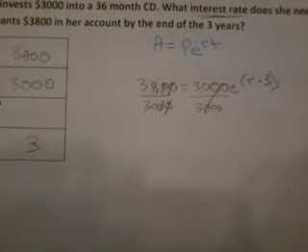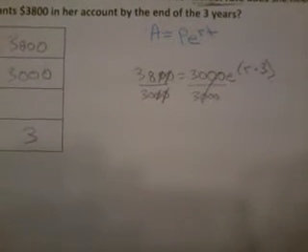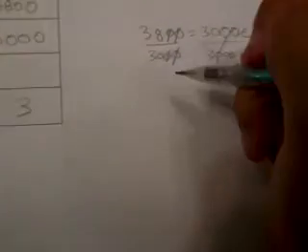And then when we do 38 divided by 30, we get a really long decimal, so we're just going to leave it as a fraction. However, we can reduce 38 over 30 into a smaller fraction, which will be 19 over 15, and then that equals E to the R times 3.